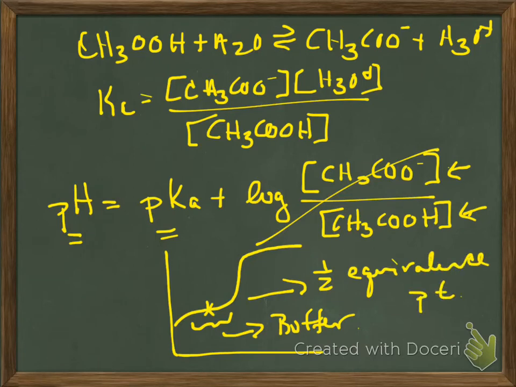Okay, so if you're given a pH curve and you're asked to find the pKa of the acid or the Ka of the acid, look for the half equivalence point. And there you know that the pH is equal to the pKa. This is pH, by the way, over here, and this is volume of base added. Sorry, I probably should have said that sooner. All right.